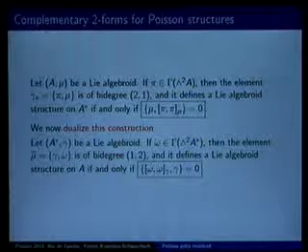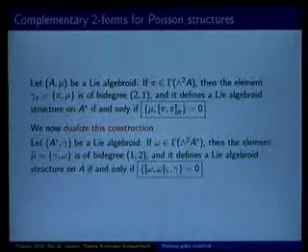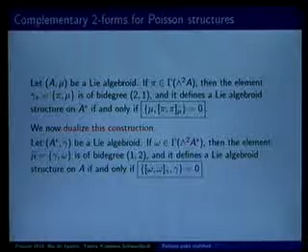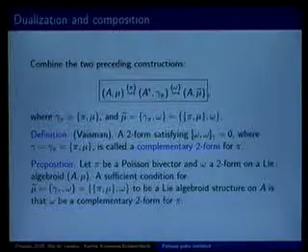That's a 2 form on A, right? So we take an omega, which is a 2 form on A, and we do the preceding construction, replacing mu by gamma and pi by omega. And then we have this condition for the result to be a Lie algebroid structure.